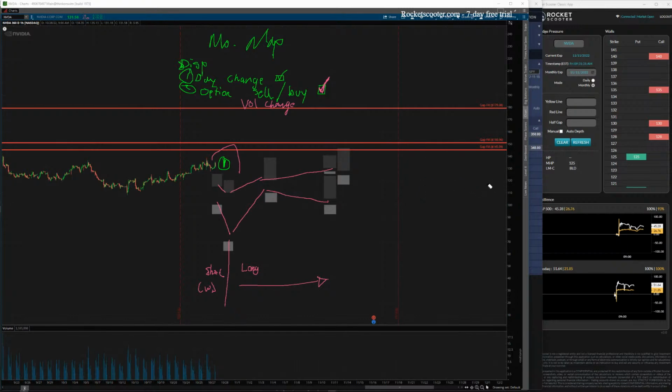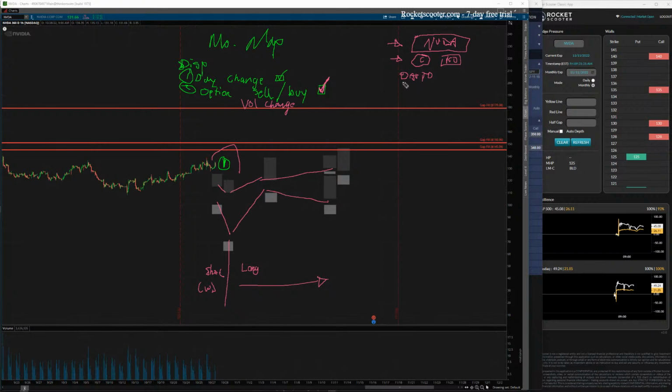So what if I came in and typed in monthly map, a box, and I could say I want Nvidia, I want calls for 150. I'm just making up a number, right? Let's say 150. And I say I want Nvidia calls 150, and then I put it on auto.